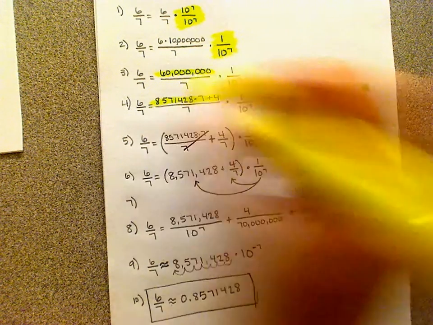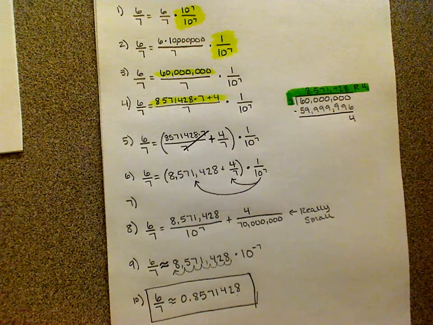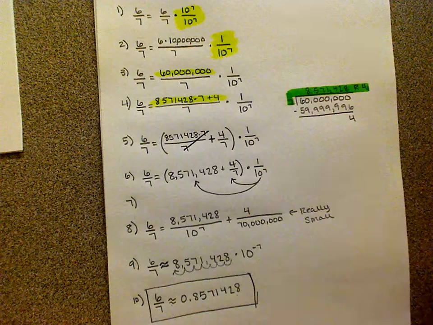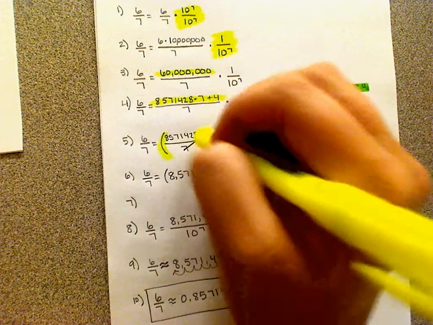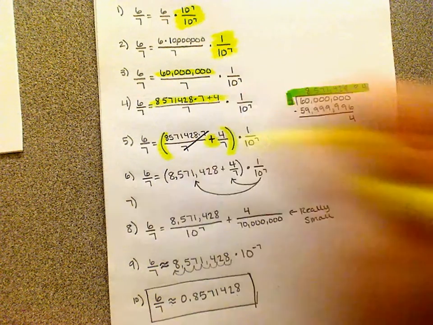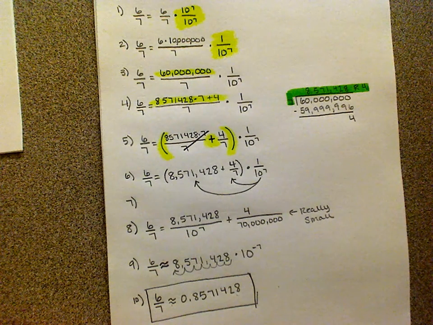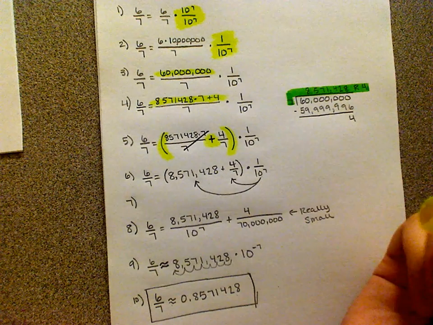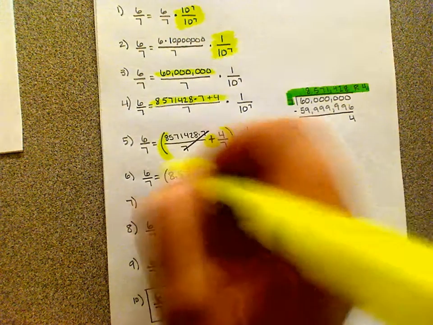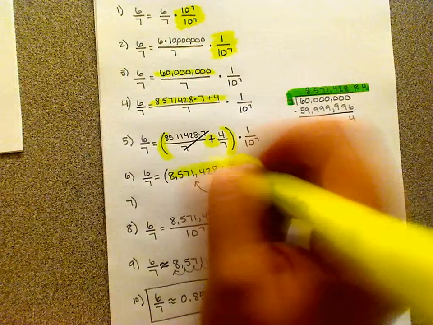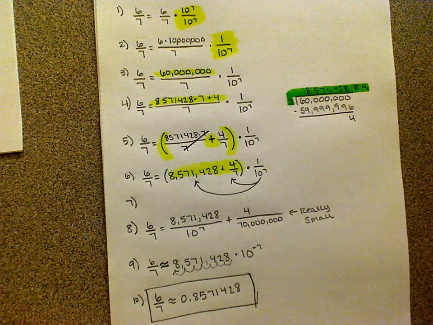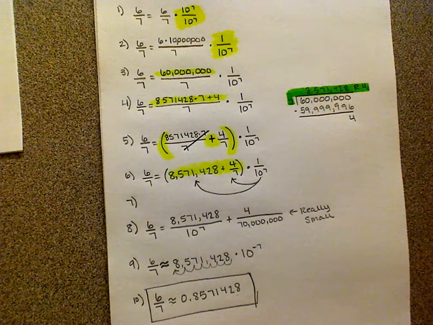Step 5, decompose the first fractions at the plus sign. Step 6, simplify first fraction, use division. Step 7, distribute the unit fraction.